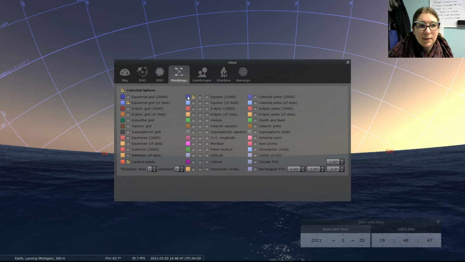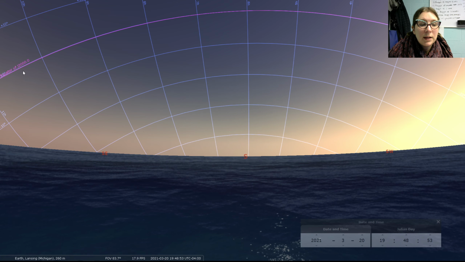And again, it's hard to see, so let's go make it bright pink. Okay. So here is our equator, the celestial equator. This is basically if we could take Earth's equator and stretch it out big enough that we could see, but kept it lined up with the actual equator, we would see it at this part in our sky.